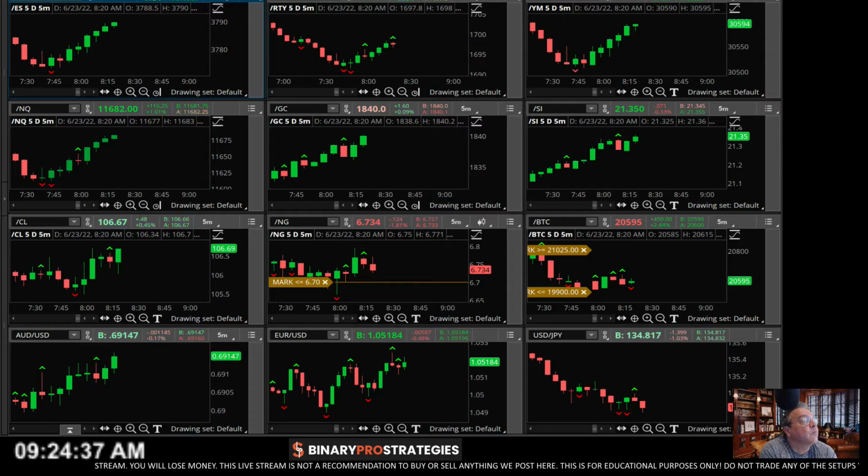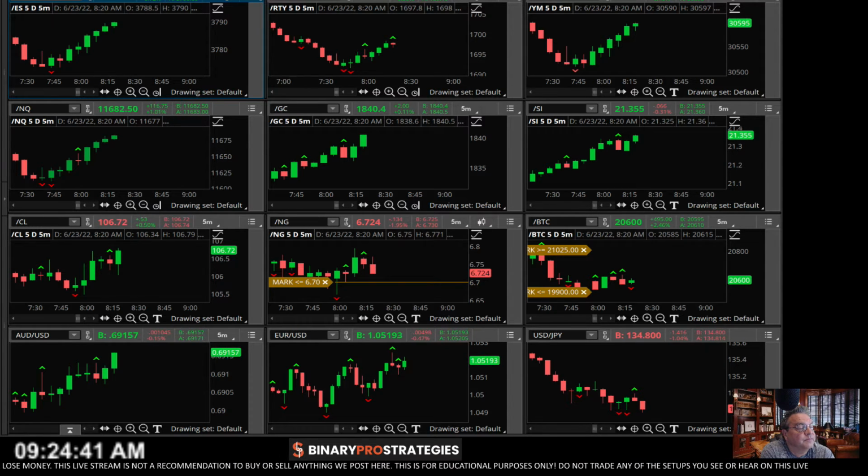Reversal on that gas is going to bring us up to 679. That would be the reversal if we don't hit our target on the short.